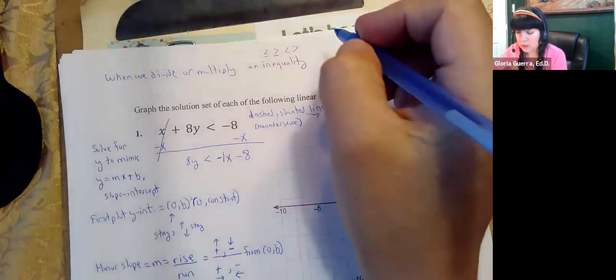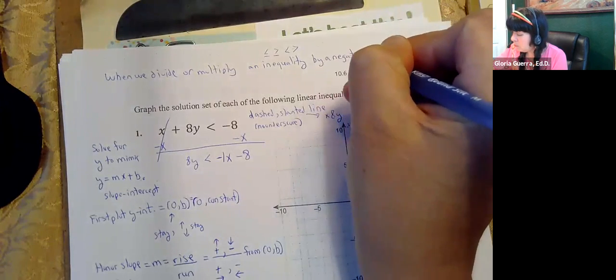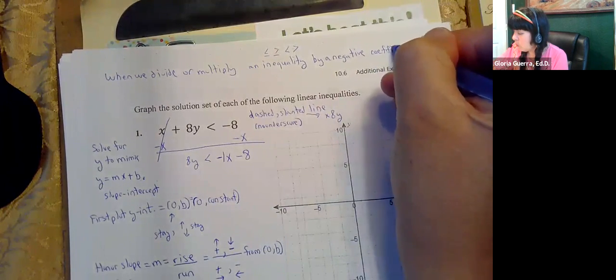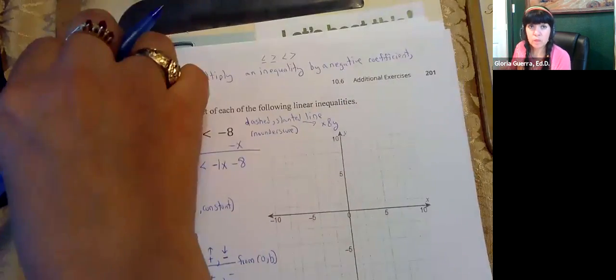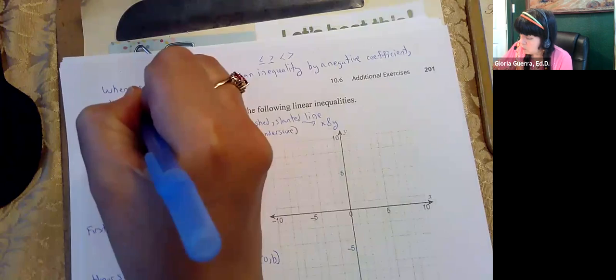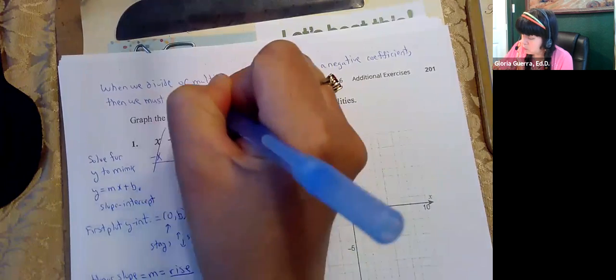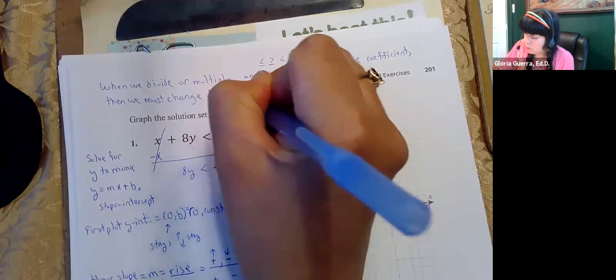When you're working with an inequality, if you find yourself dividing or multiplying by a negative, and I'll just call it a coefficient, then we must change the direction of the inequality.